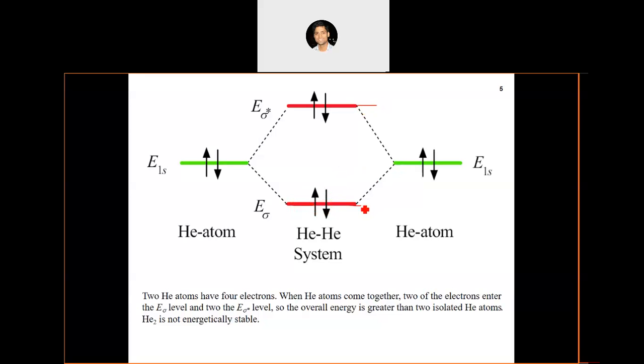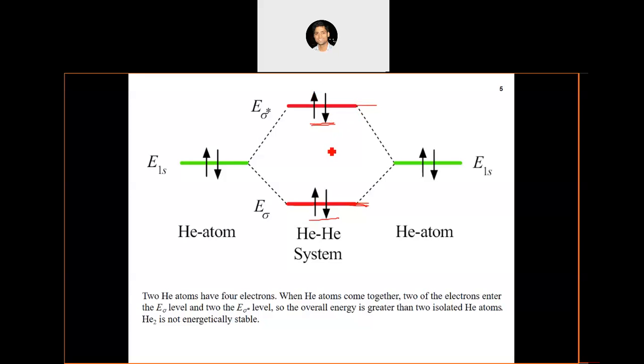The lower energy one is always known as the bonding molecular orbital. This will be anti-bonding. Once these molecular orbitals are formed, we need to rearrange these four electrons. The first two electrons will pair up their spins and sit in the bonding molecular orbital. The next two electrons will go and sit in the anti-bonding molecular orbital.